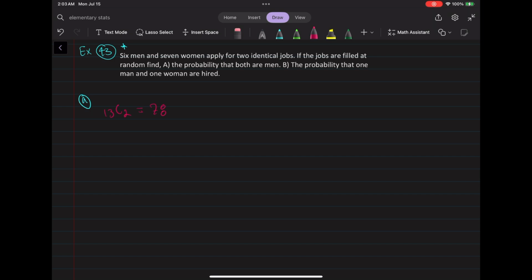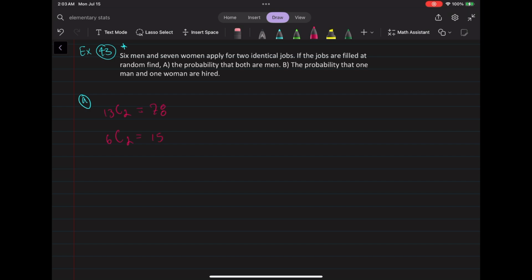All right, so that's the total number of ways I can rearrange a woman or a man in those 2 slots. Now I need to figure out the ways I can arrange a man in those 2 slots. So the way I can arrange the 6 men in those 2 slots is just 6 combination 2. And that, I believe, is 15. Yep, 15.